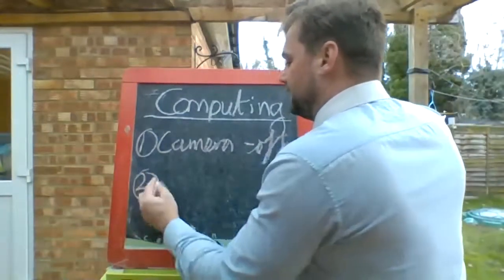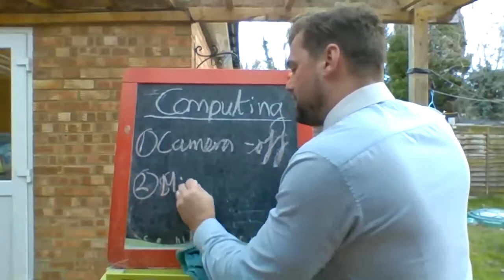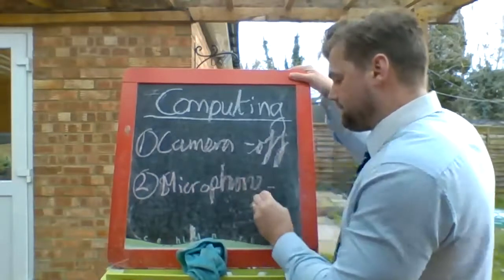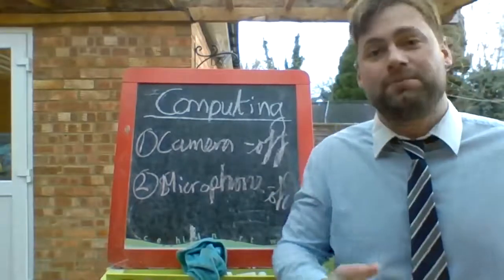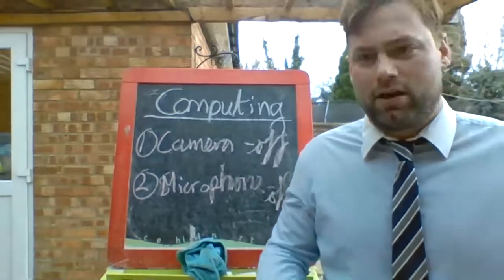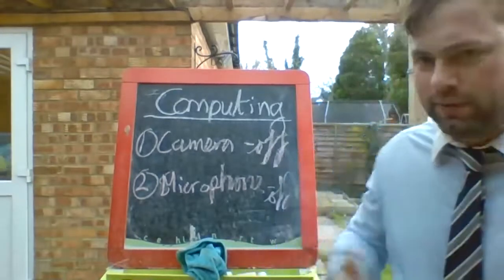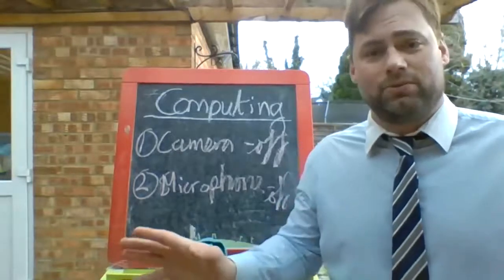Also, the next thing is microphones. Microphones have to be off. You have to be on mute. Just like in class, you're not allowed to call out when I'm teaching or when someone else is speaking. It's very rude, and that's the same on Teams.